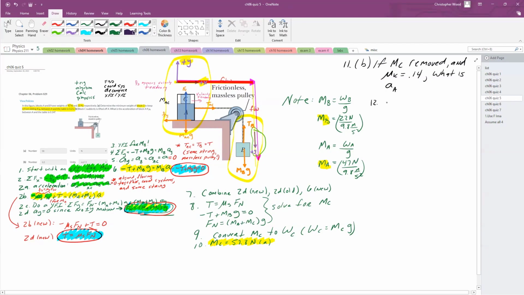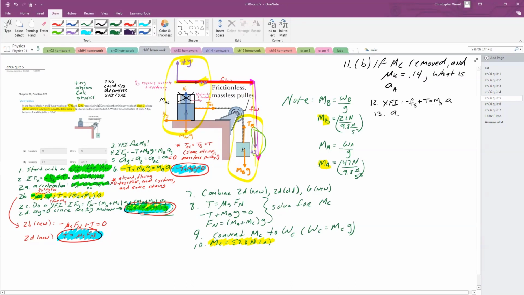All right, so my new X-force inventory for block A, there is no X-force inventory for B, but if I look at block A, and again, I'm fast tracking this a bit, there's no more mass C. So I have minus Fs plus T equals mass of block A times A. A is not equal to 0.